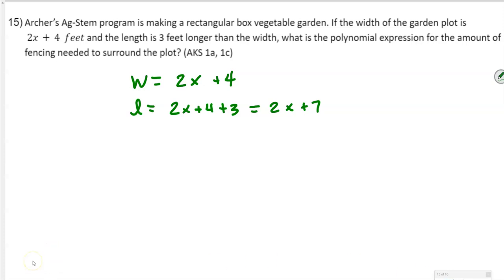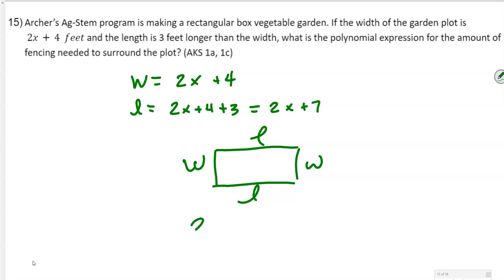If it's the amount of fencing needed to surround the plot, we got a length, right? We got a width, right? And a length, right? So can't we just go 2 times our width, which is 2x plus 4, plus 2 times our length, which is 2x plus 7, right? What do we do with this?